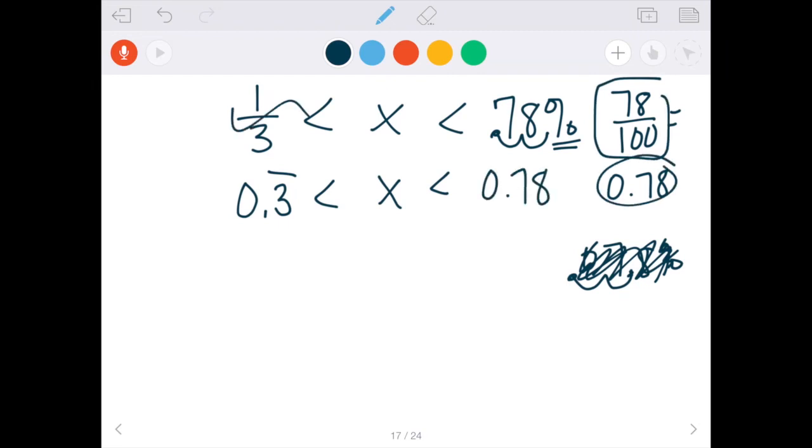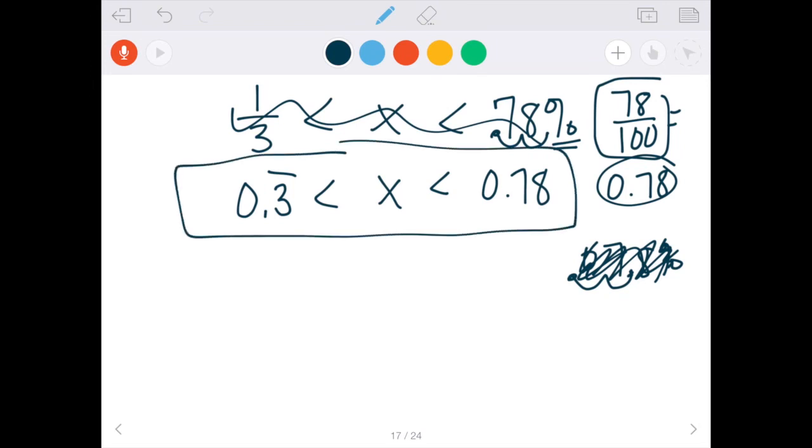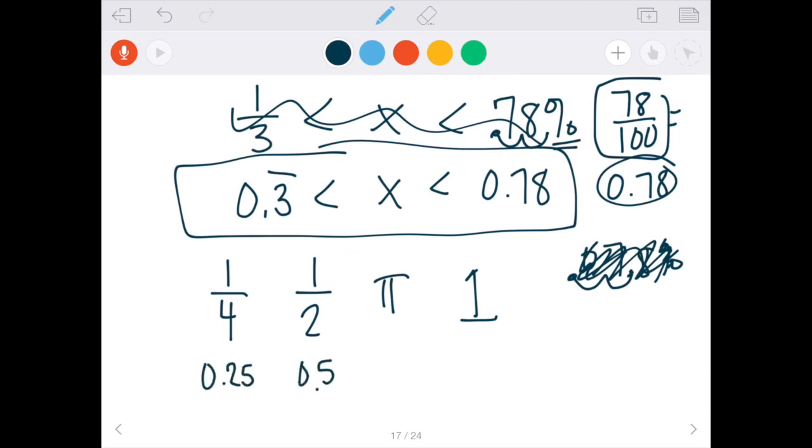Then, once you have this, you can look at your answer choices. Let's say we have 1/4. Let's say we have 1/2. Let's say we have pi. And let's say we have 1. I would just change all these to decimals also. 1/4, 0.25. 1/2, 0.5.